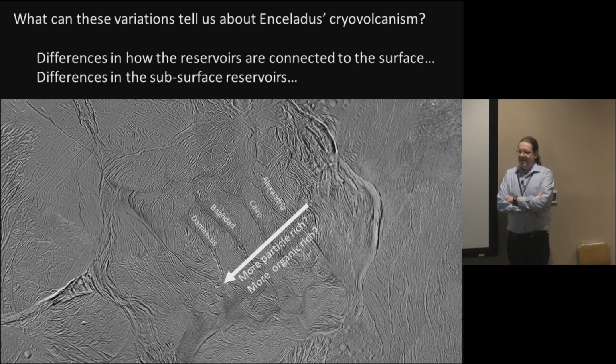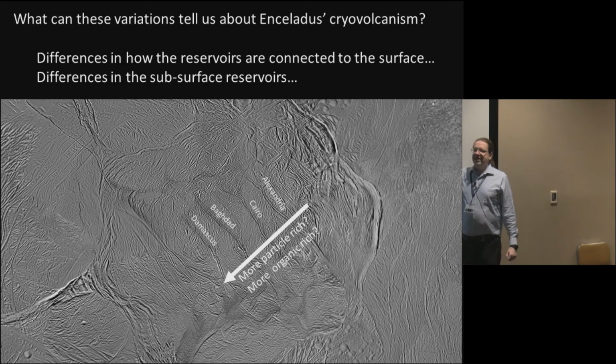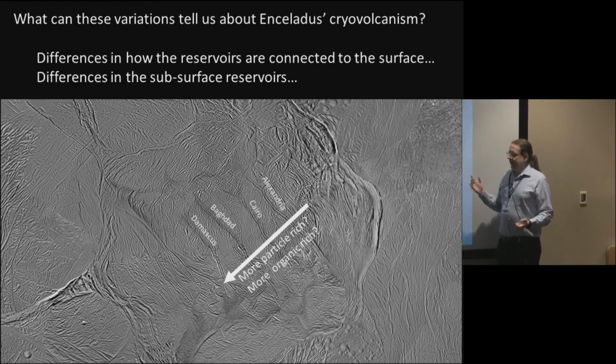So we did. Unfortunately, these sorts of coordinated observations are obnoxiously rare. This was not near times of maximum particle activity. It was at kind of a random orbital phase.